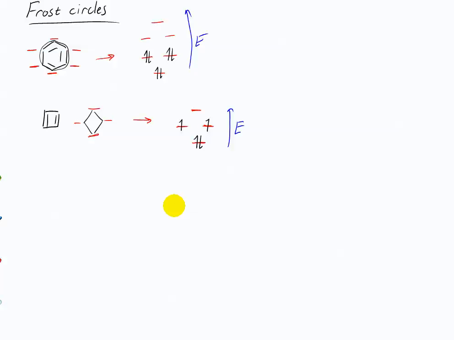All right. And now you can see the very big difference in these two. Here you have a clear separation between bonding and anti-bonding orbitals, and the bonding ones are filled with electrons and the anti-bonding ones are empty. In cyclobutadiene, there isn't that. In fact, these middle electrons are sort of on non-bonding territory and are not stabilizing the overall interaction. That's why we see it as being less stable.